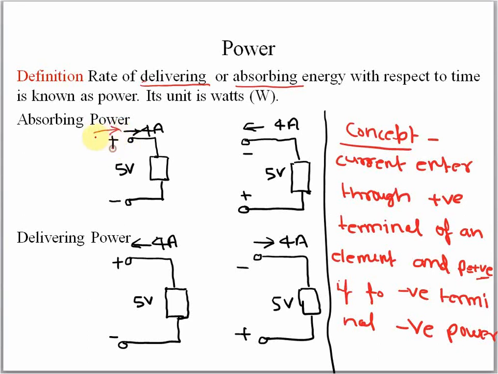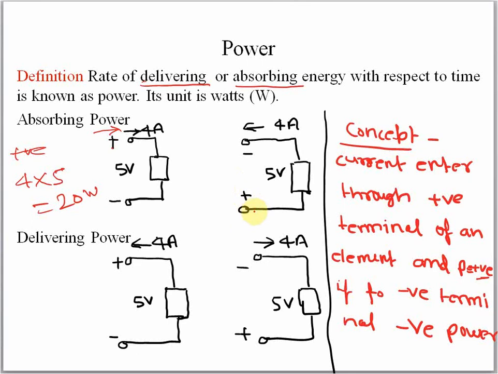This is our positive terminal, and this is the direction of current entering through it. So we have absorbing power, positive power. For example, we have 5 ampere current entering the positive terminal of a 5 volt source, which gives 20 watt. This is positive, so this element is absorbing power.